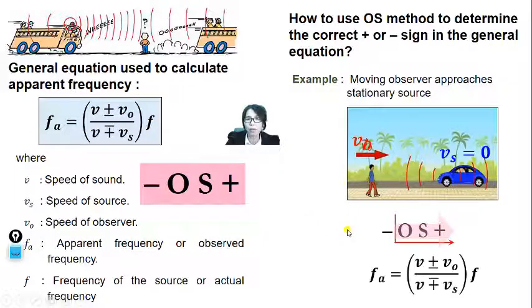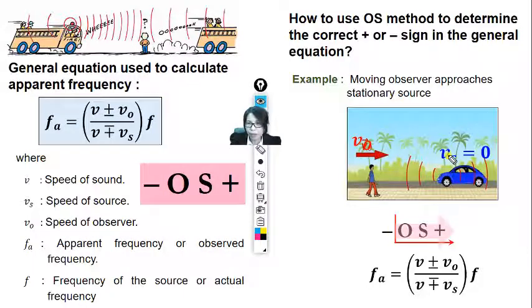Alright. So if this is our general equation, it means that my speed of the source is 0 because it is a stationary source. So I'll throw out this one, because it's 0. And then my moving observer is approaching the source. I use the OS method and get a plus sign, so I'll throw away the negative sign.